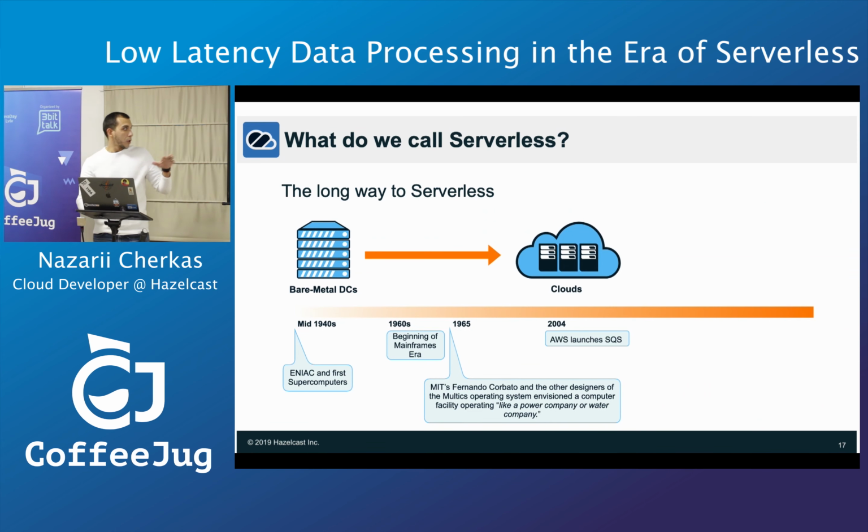Then, over decades, we went through the client-server computing model, through the web enterprise computing model, and we get to 2004 when AWS released their first service. It was SQS, by the way, and it actually started the era of clouds, of major cloud providers.